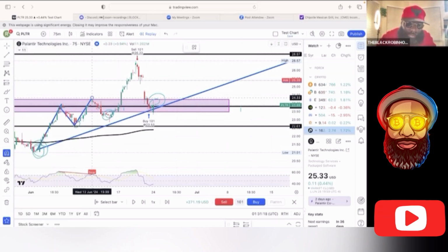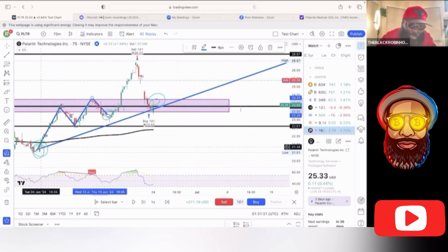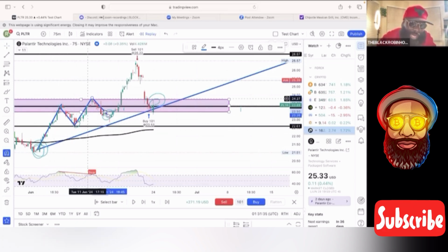Then it corrected itself. But look at the next low. The next low was higher than the previous low, and the previous low was higher than the previous low. So it shows you that the market is trending up because where the market is bouncing from is getting higher and higher.